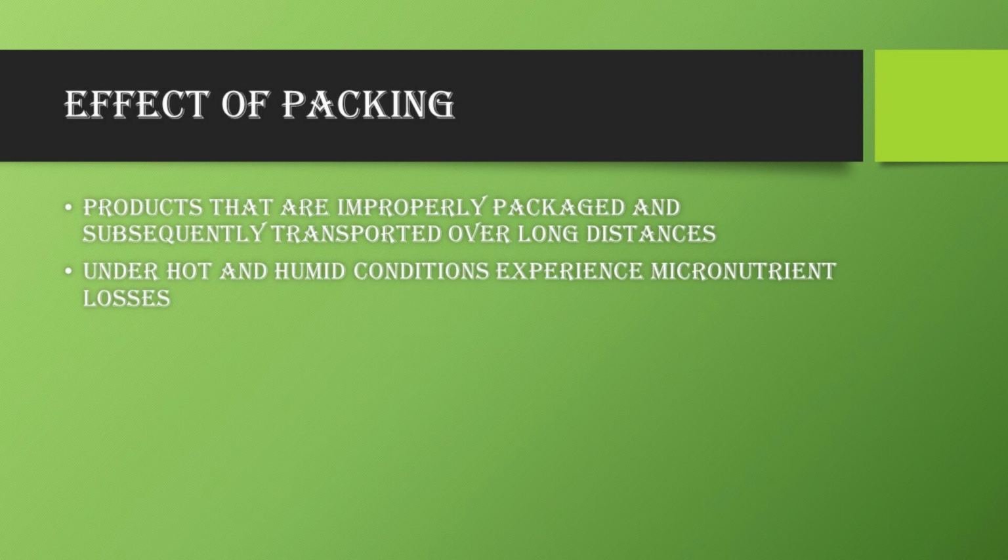Oxygen readily passes through plastic and will be in contact with the product. This problem can be overcome by adding the appropriate plastic coatings or an appropriate overage of the most sensitive micronutrients, such as vitamin A.